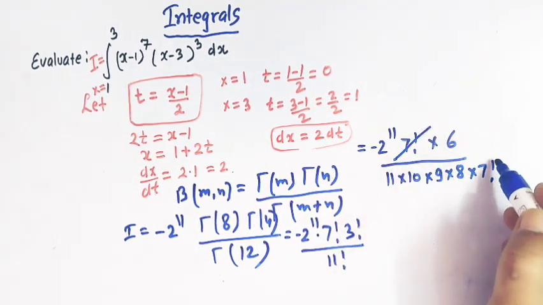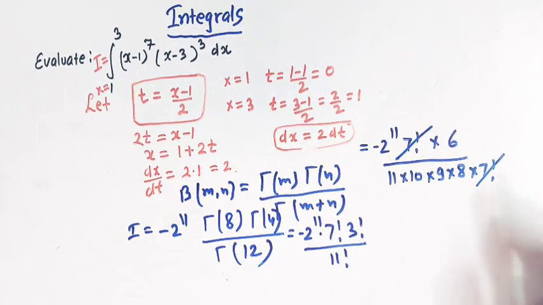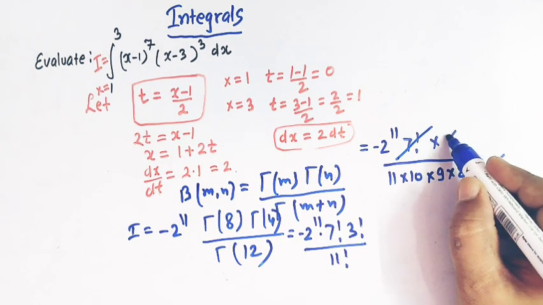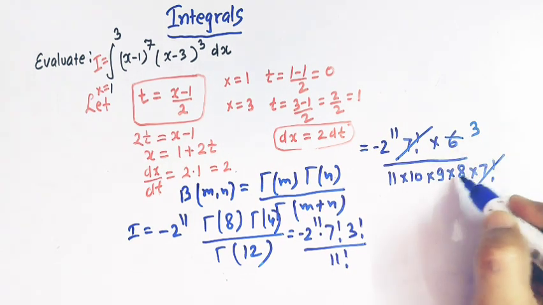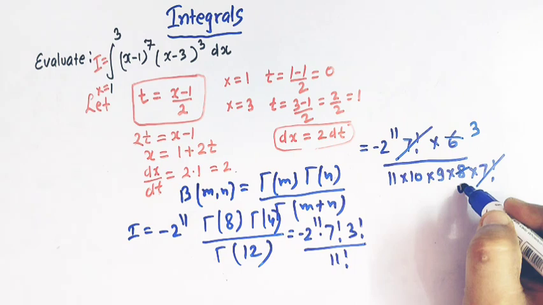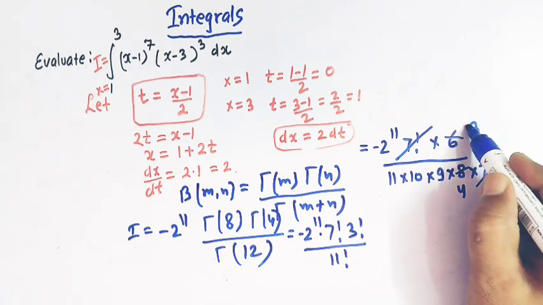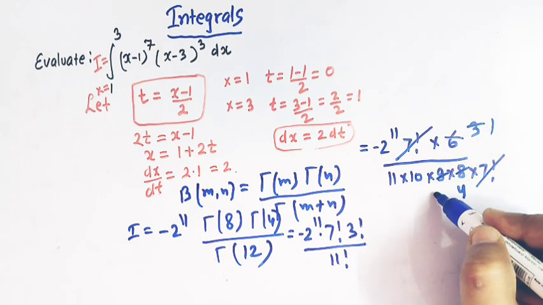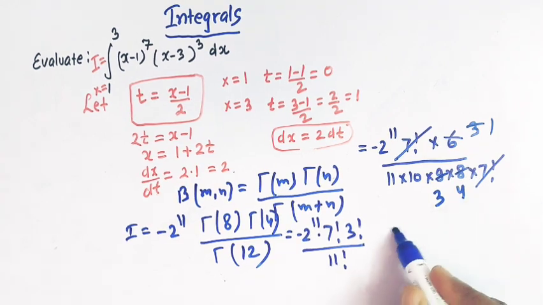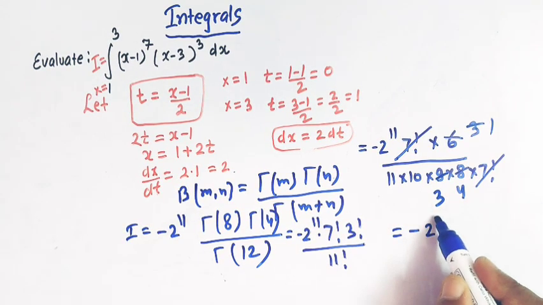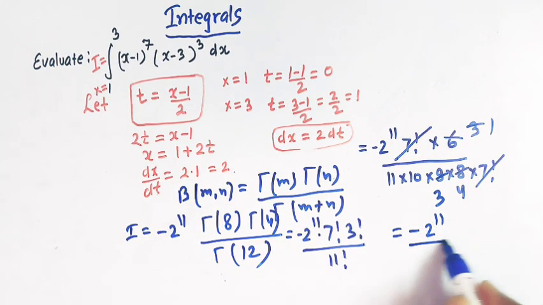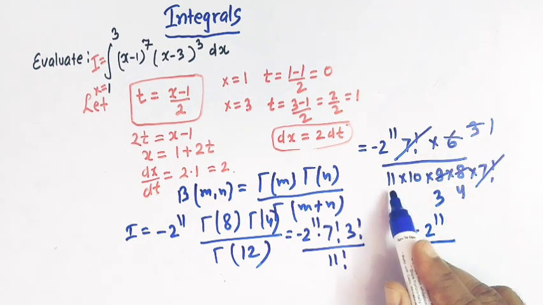So this 7 factorial and this 7 factorial get cancelled, and here we have 2 3s are 6, 2 4s are 8, and then 3 1s are 3, 3 3s are 9, right?